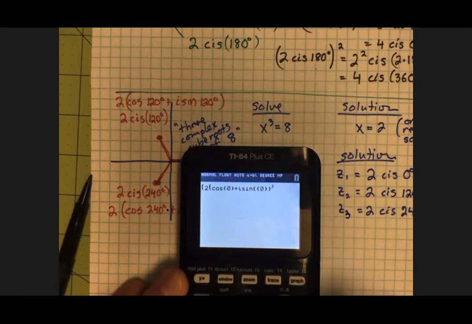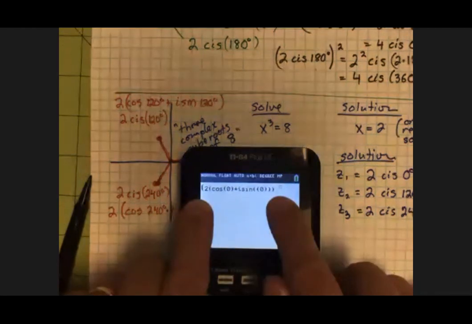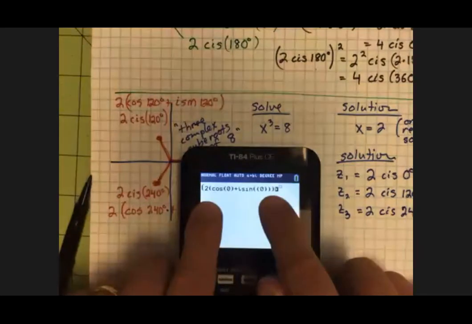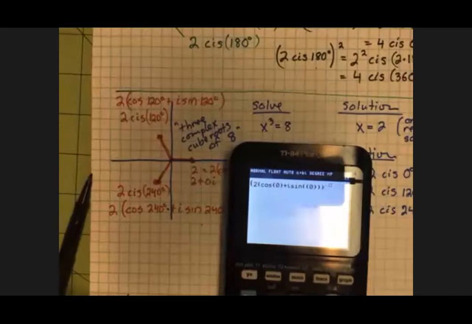Hang on a second. Let me go backwards. I got to make sure I have enough parentheses here, right? Okay, so now I've got matching parentheses there, matching parentheses there. Something tells me I have too many parentheses. That's a danger in writing this out. So I gotta get rid of that.